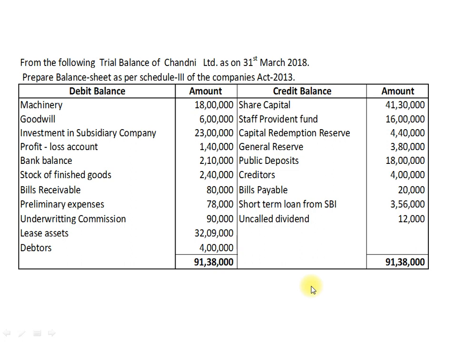So it becomes very easy for us to identify the items on asset side and that on equity and liability side. So very first we will segregate the financial data of question into various main headings and subheadings.